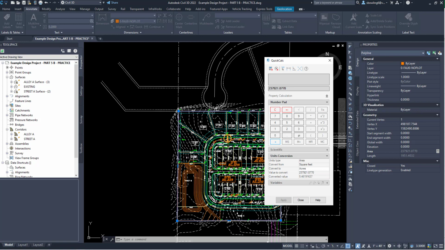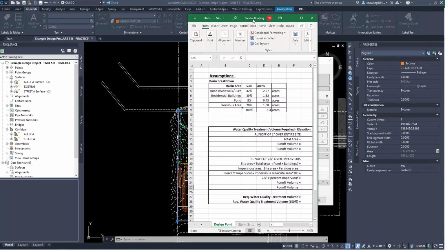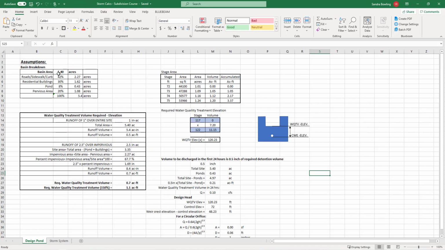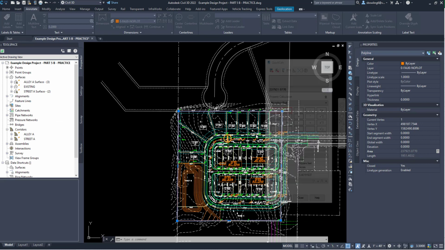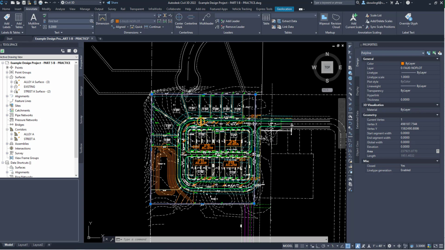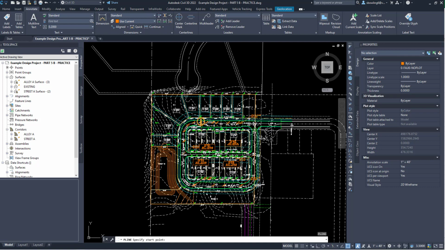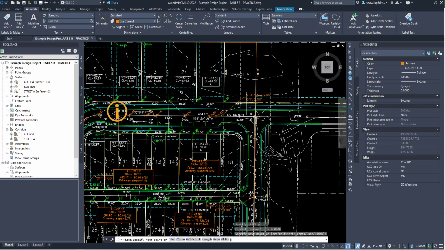So I have 5.46 acres. I'm going to bring over my Excel sheet and show you what I've got going on. So I have over here 5.46 acres. I am going to assume, because I don't have the time right now, the impervious area would be, let's draw a line here.